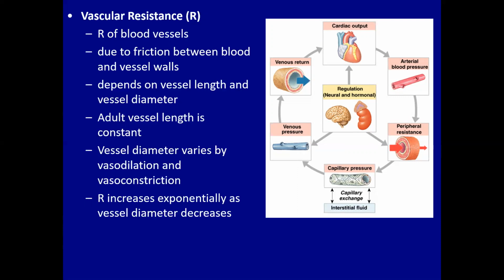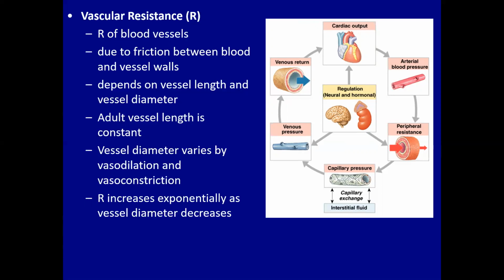If you have a hose that's 100 feet long and you turn the faucet on full strength, it's going to come out with less pressure just because of the distance. Now, the good thing is adult vessel length is consistent, so we can make educated guesses about vascular resistance for adults. So the length is constant, but the diameter is going to change based on dilation and constriction.